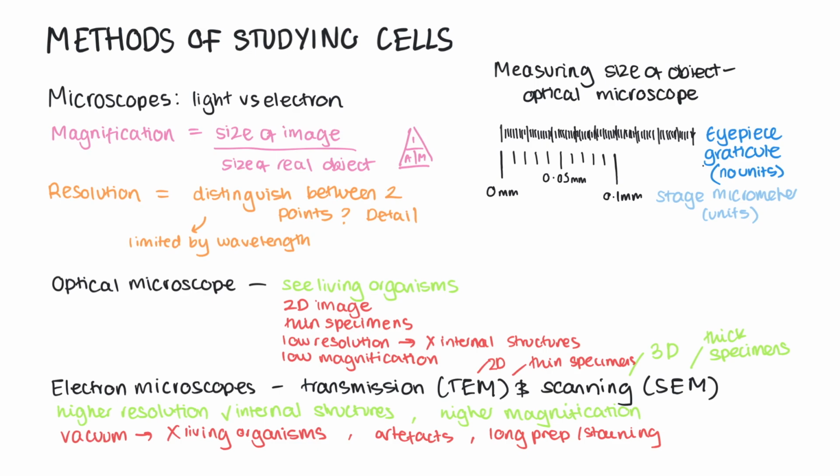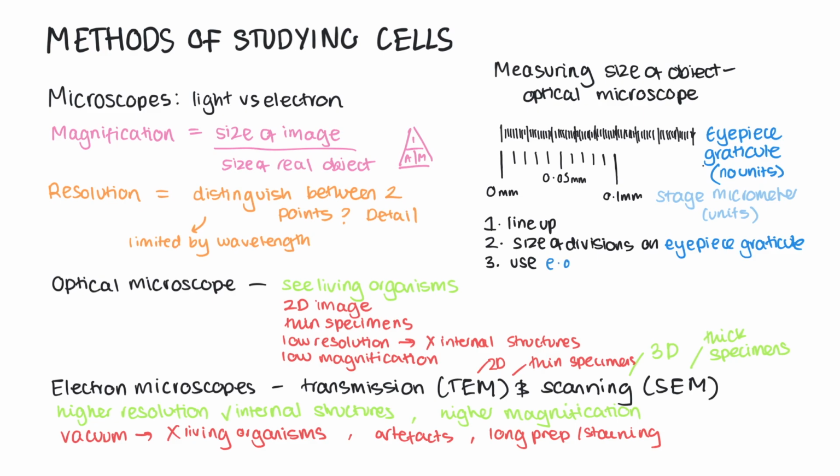So to calculate firstly the size of each of the divisions on the eyepiece graticule, we simply line them up and calculate the size of the divisions. So we divide one by the other. Then we take the micrometer away and measure how many divisions on the eyepiece graticule the object is made of.